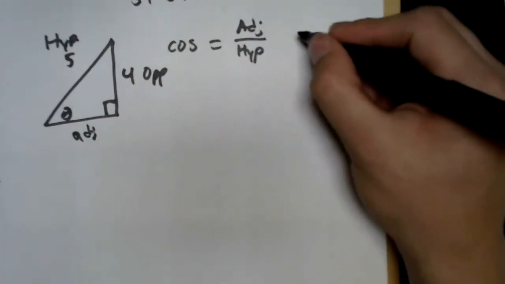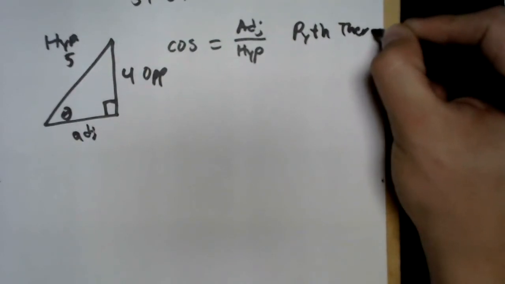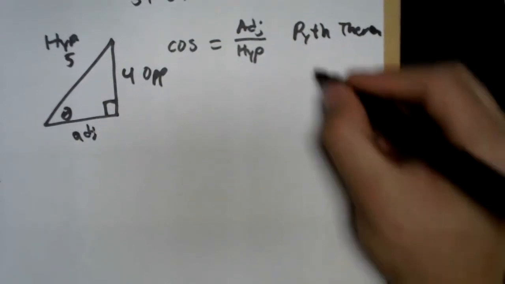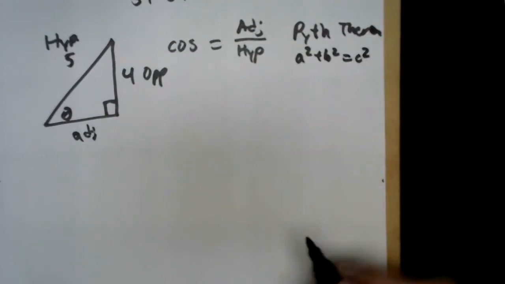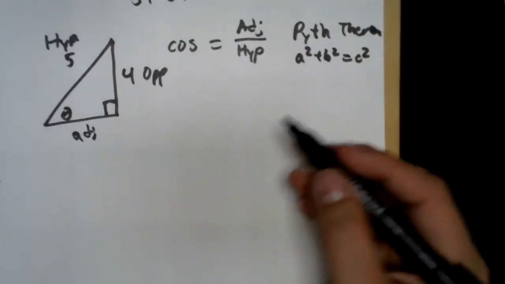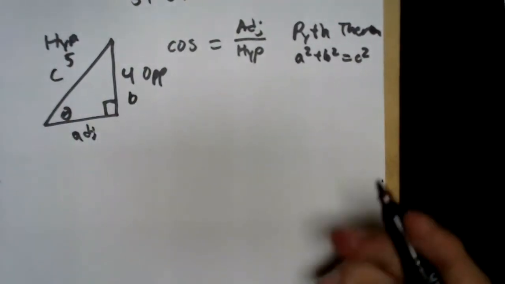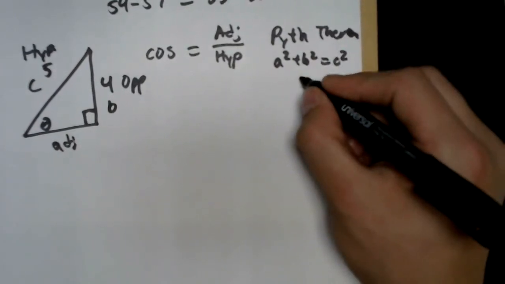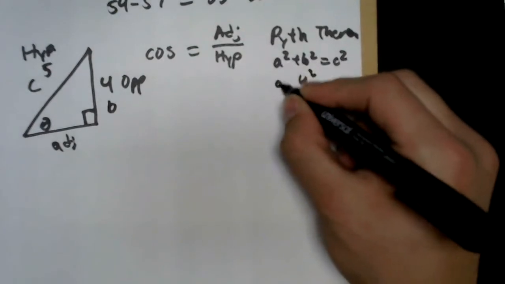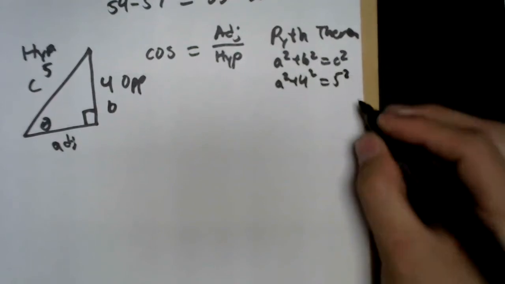You use the Pythagorean theorem, which is a squared plus b squared equals c squared. So we'll keep it a since it's adjacent. We can call this b and that's c. You can just plug it into the equation: a squared plus 4 squared equals 5 squared.